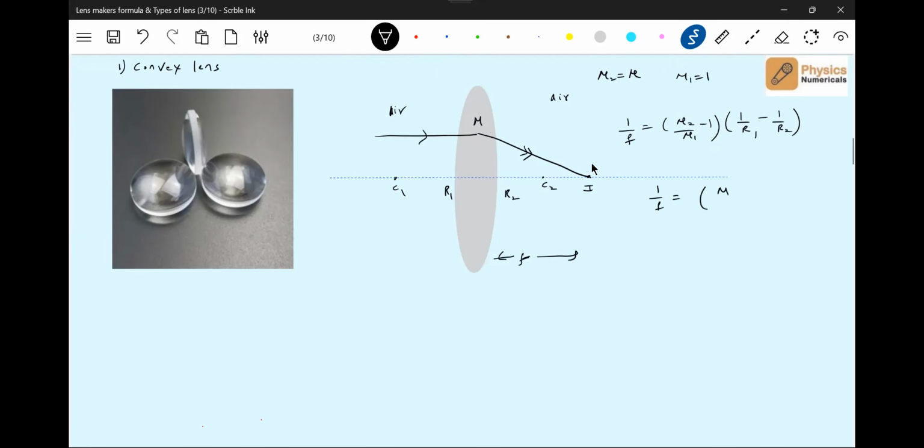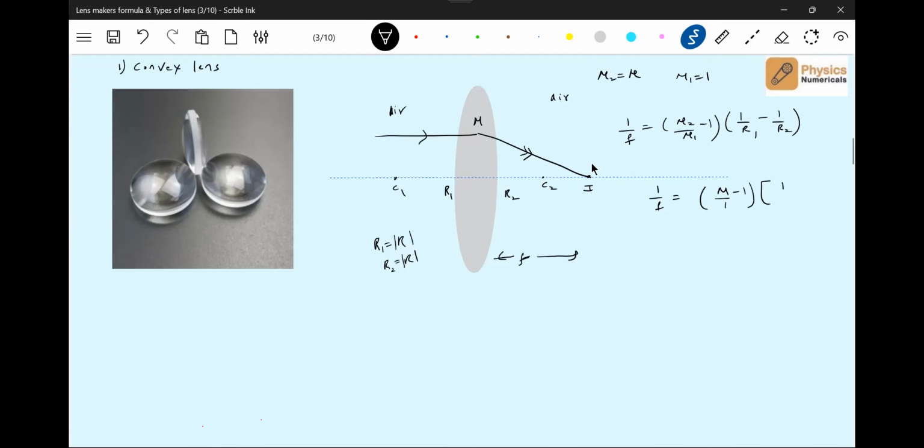It will be mu by 1 minus 1, into the radius of curvature of this. Let R1 be equal to R, anything, let it be equal to R in magnitude.